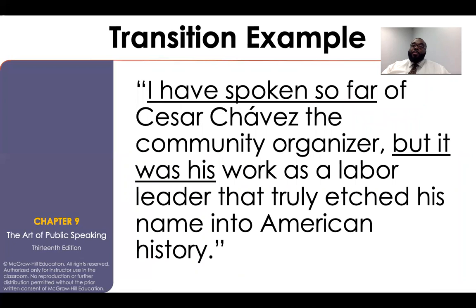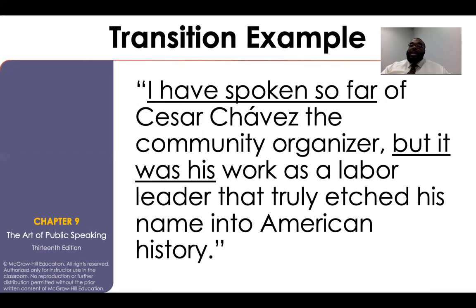For example, someone might suggest that I have spoken so far of Cesar Chavez the community organizer, but it was his work as a labor leader that truly etched his name in American history. As you'll note from this, it's obvious that the speaker is transitioning from his discussion about Chavez as a community organizer and now is moving on to the main point of him being a labor leader.